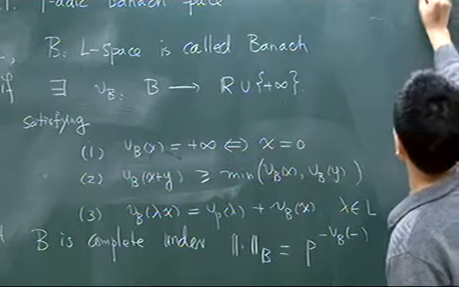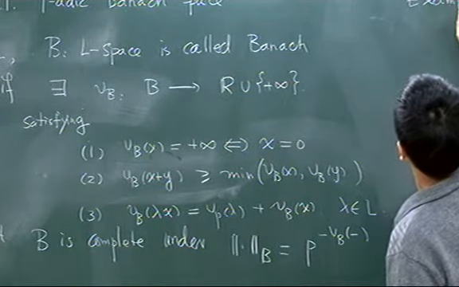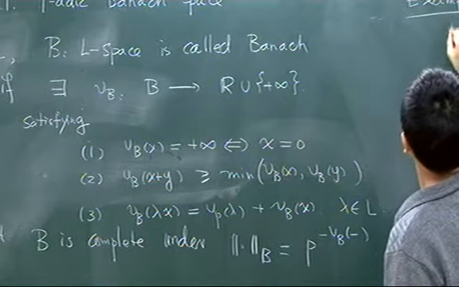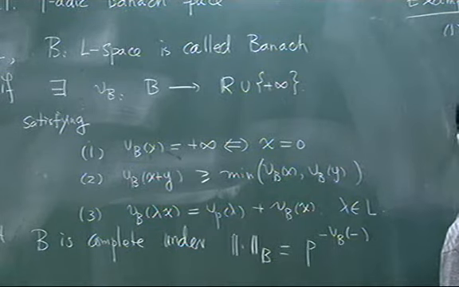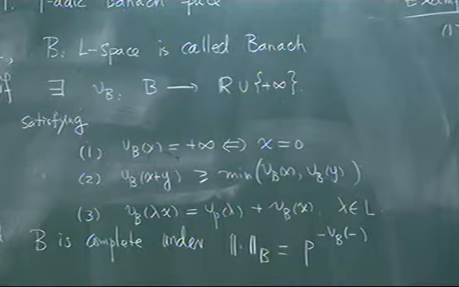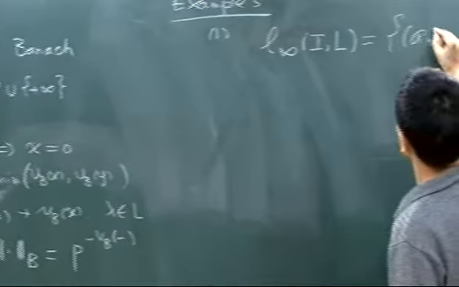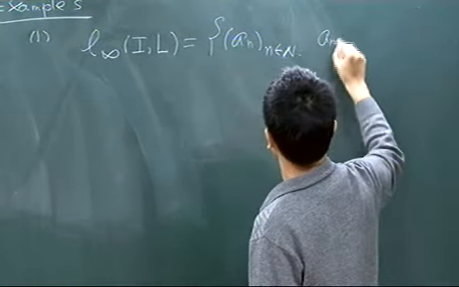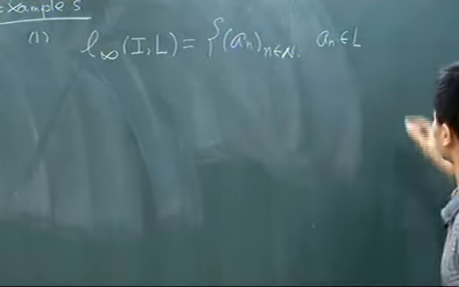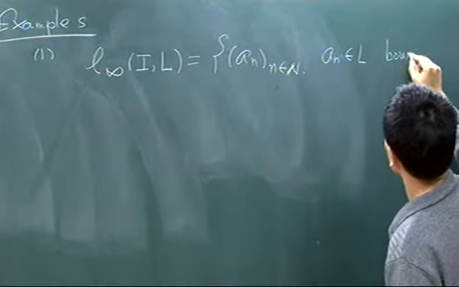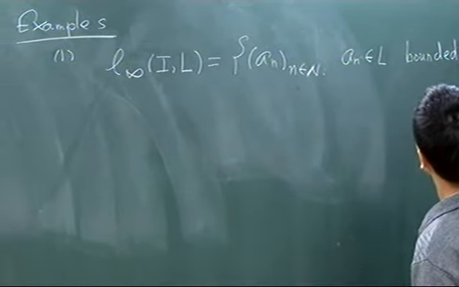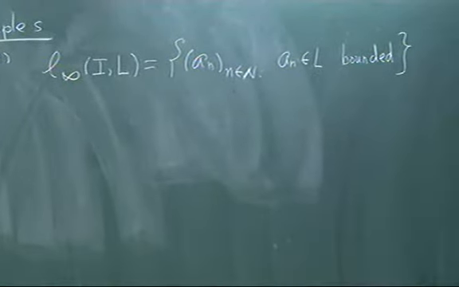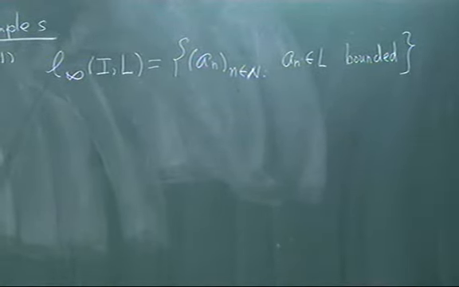So we get some examples. The first example, we have this L infinity(I, L). So what is this? This is all sequences (a_n) contained in L that are bounded.